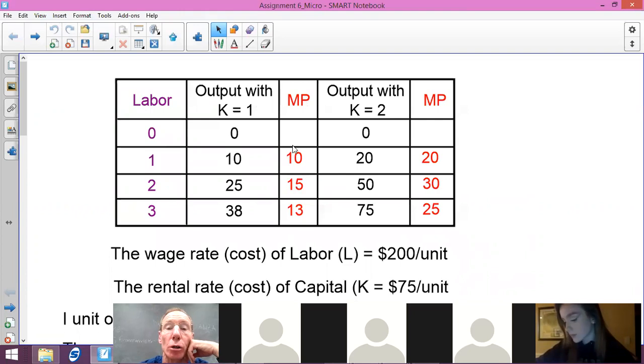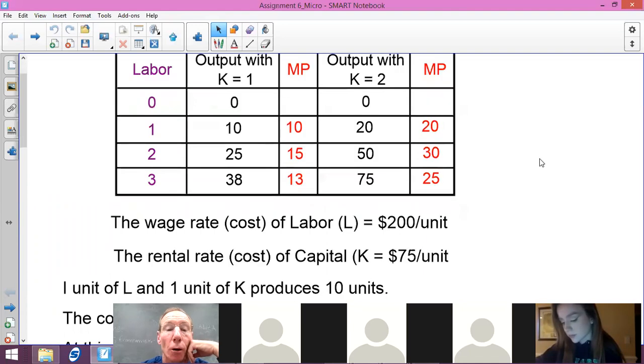This is the marginal product with 1 unit of capital and 1, 2, and 3 units of labor. And this is the marginal product, the change in the total, with 1, 2, 3 units of labor and 2 units of capital.